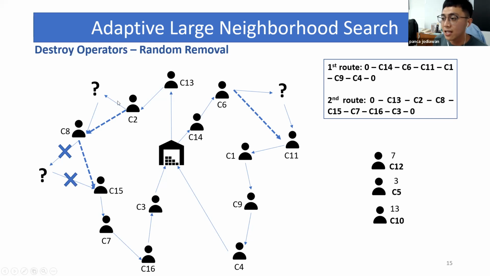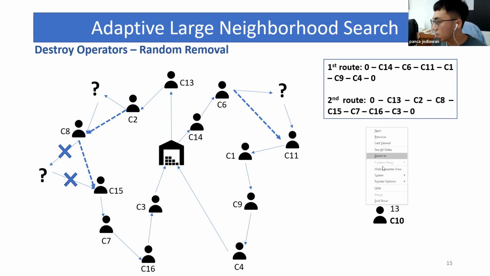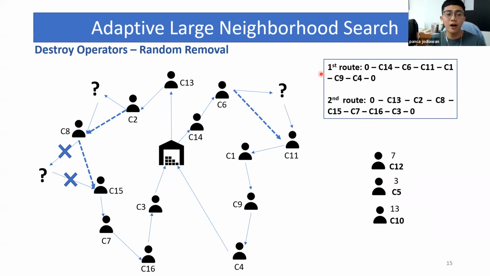This is the result of applying the random removal. It's not a complete solution. So the output of every destroy operator, not only random removal, is a partial solution.